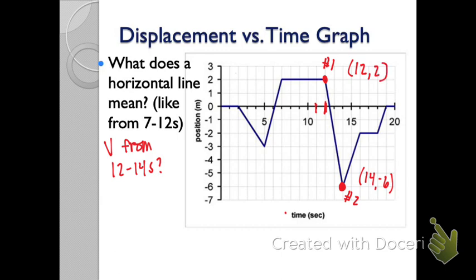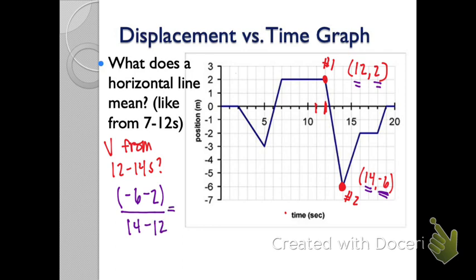2. Okay, if I'm going to calculate the slope on that, I'm going to do y2 minus y1. So -6 minus 2 over x2 minus x1, so 14 minus 12.